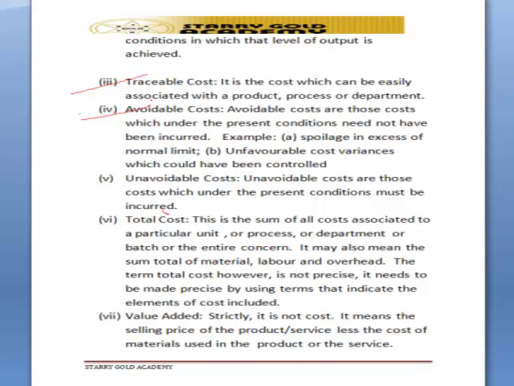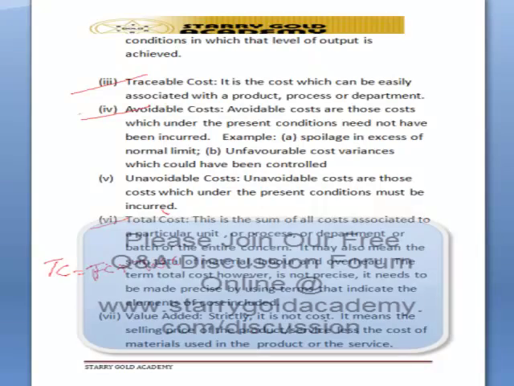It needs to be made precise by using a term that indicates the element of cost included. So that is what we mean by a total cost, and for simple purpose, TC equals TFC, total fixed cost, plus TVC, total variable cost.